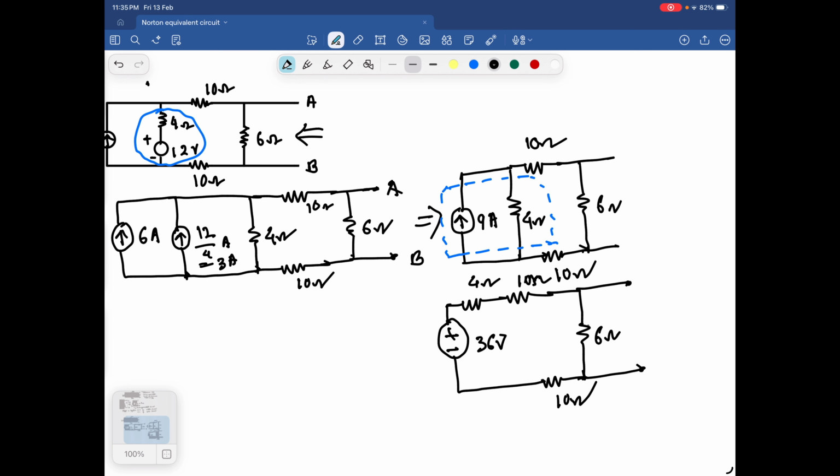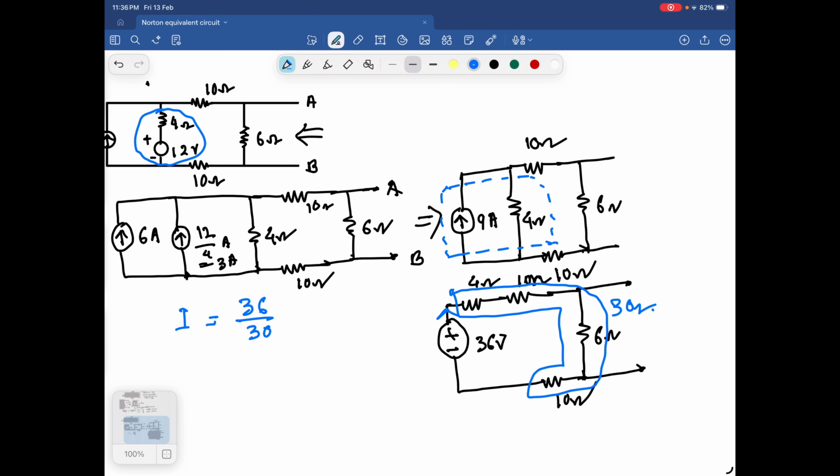So actually this is 30 ohm resistance. So what will be the current? Current I is equal to voltage 36 volt divided by 30 ohms. This is your current. This is not the short circuit current, but the current for this source.